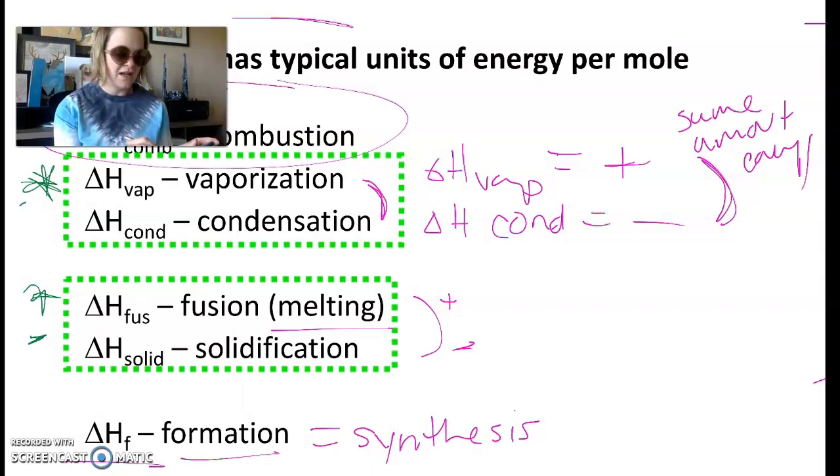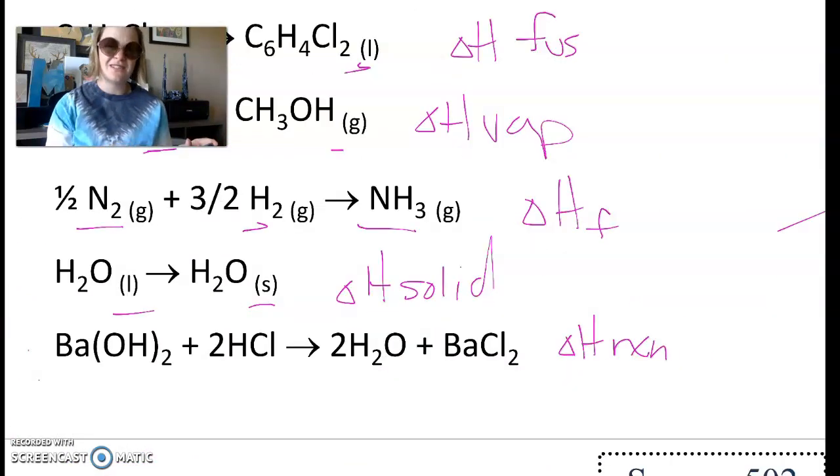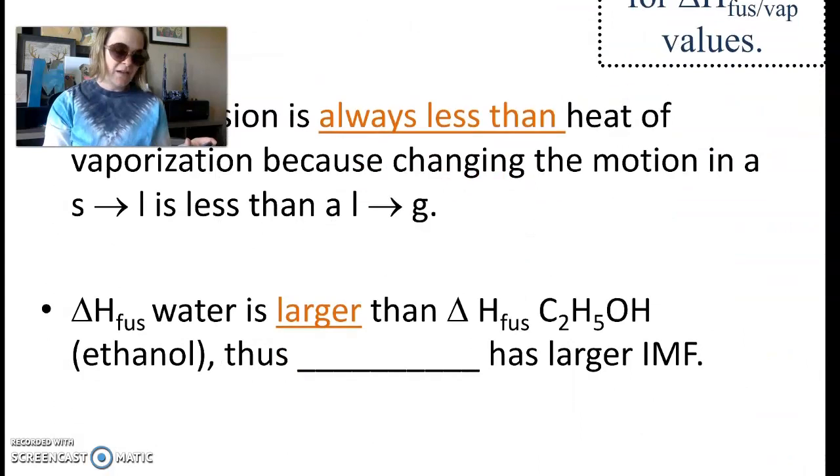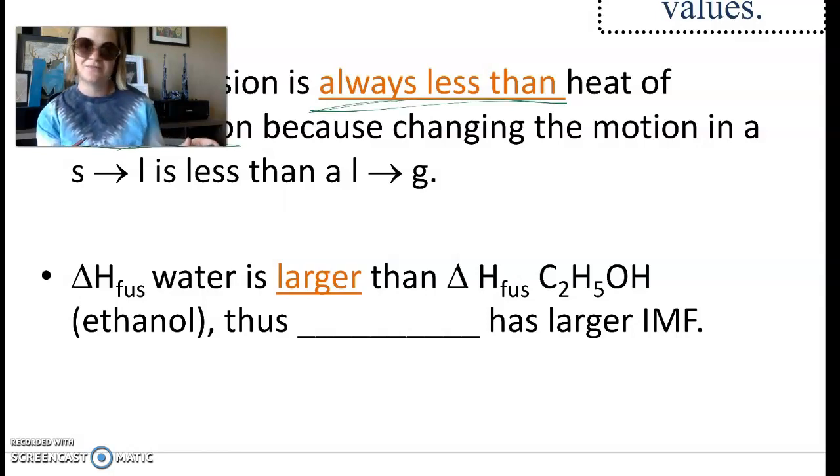Turning something to a gas, that vaporization, is going to have a greater change in energy because you're completely breaking the intermolecular forces that are there. Where if you're melting something from a solid to a liquid, those intermolecular forces still exist. So the heat of fusion, so melting, is always less than the heat of vaporization.